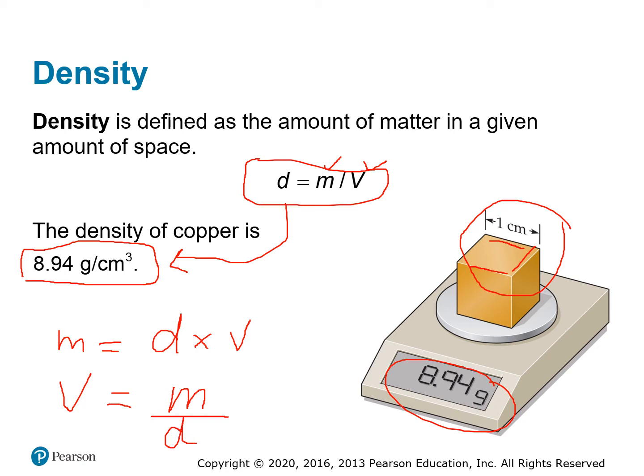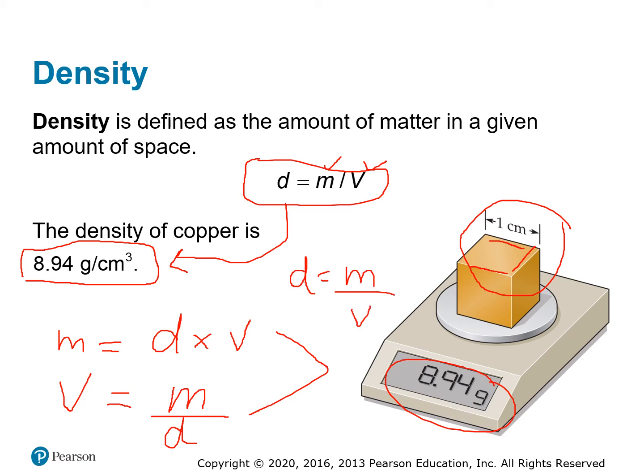I usually ask my students to remember one and then use cross multiplication or dimensional analysis to find the remaining variable. So you could basically derive these two formulas from density is equal to mass over volume.